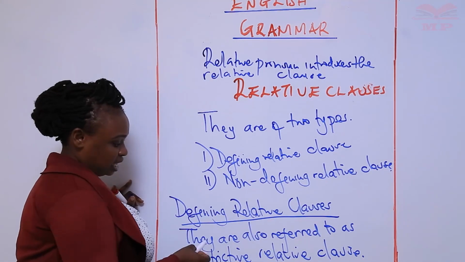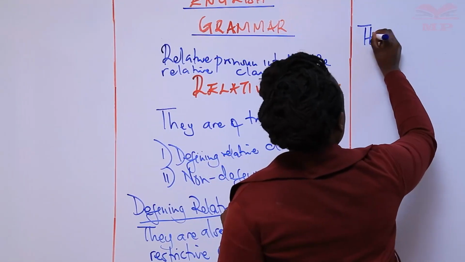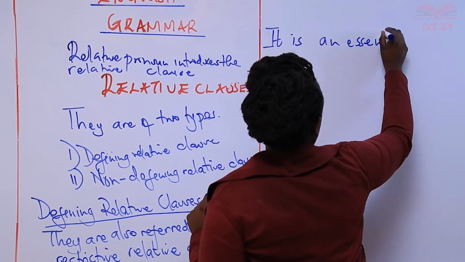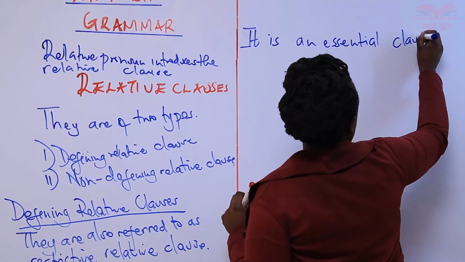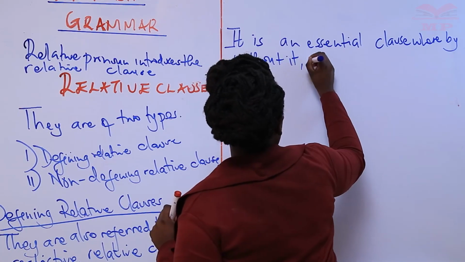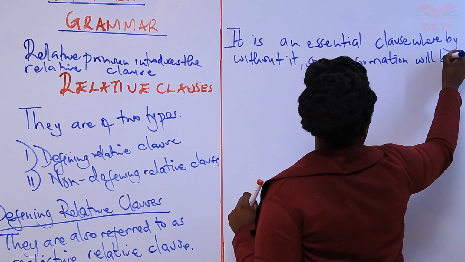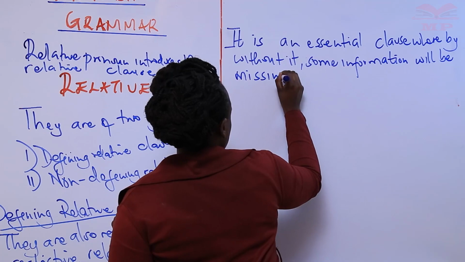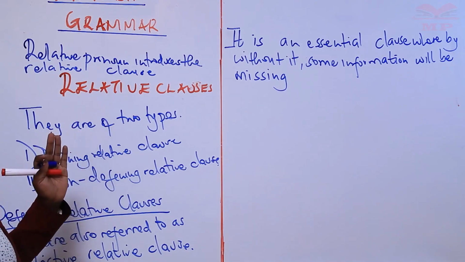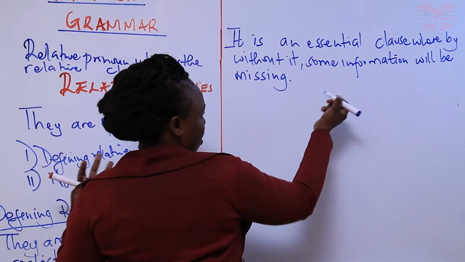This defining relative clause is an essential clause whereby without it some information will be missing. Okay, information about the noun will be missing.